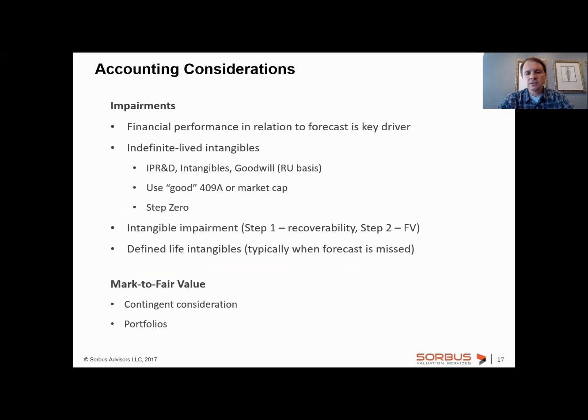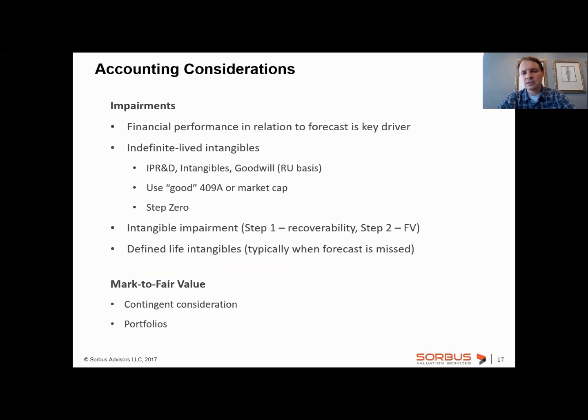And there is a way to shortcut the process of testing. If the company is doing well and everything is moving along as planned, then so-called step 0 would allow you to simply draft a memo for your auditor and say, hey, things are doing well. We looked at this, that, and the other, so there's no impairment. But if you're on the fence, or if things are going sideways a little bit, then step 1 would have to be undertaken, where you go through more of a quantitative analysis.